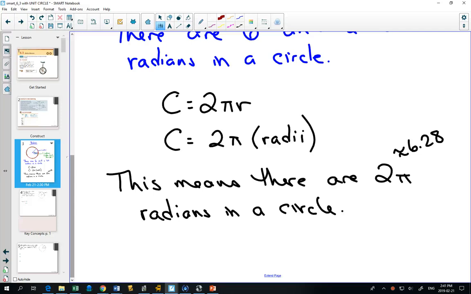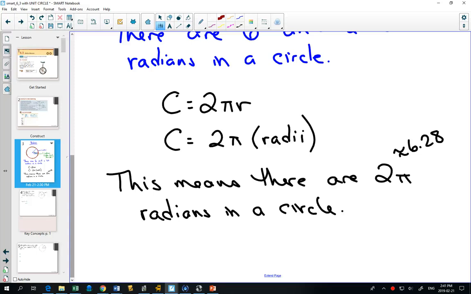Okay. Now, I'm going to get you to think here. How many radians is 180 degrees? Right? We now figured out that there are 2 pi radians in a circle. How many degrees in a circle? 360 degrees in a circle.